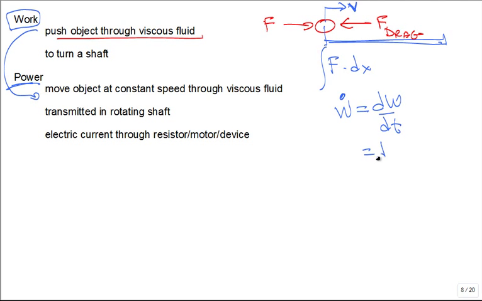The work was f dx for a constant f. How many people recognize that equation? So what is it in words? The power is the product of the force times the speed, right? All right.